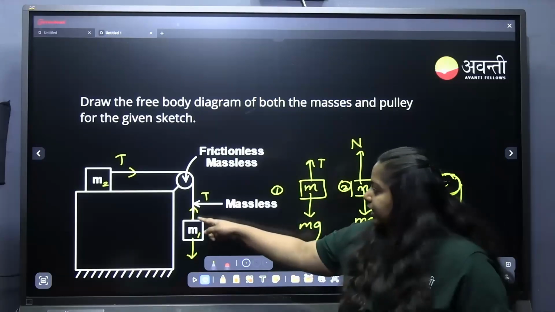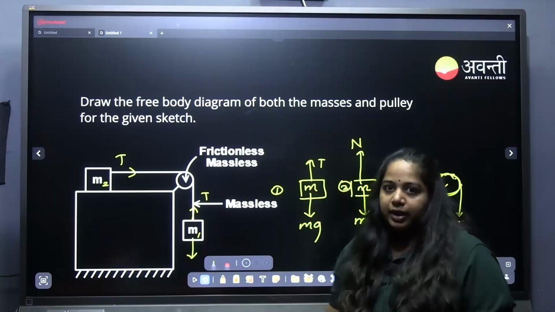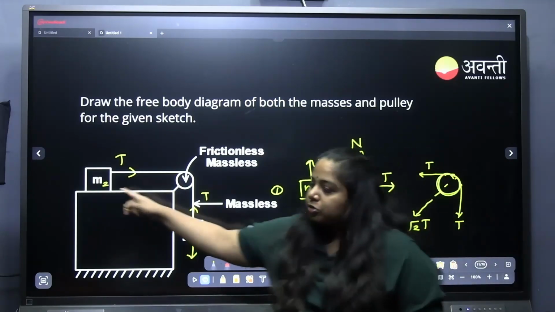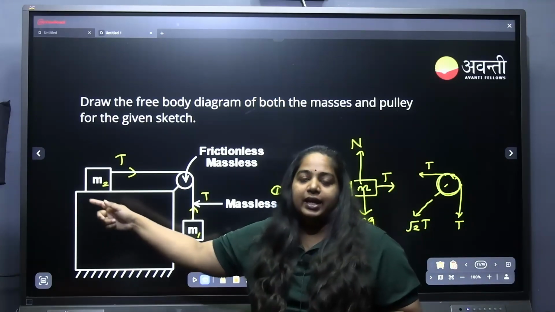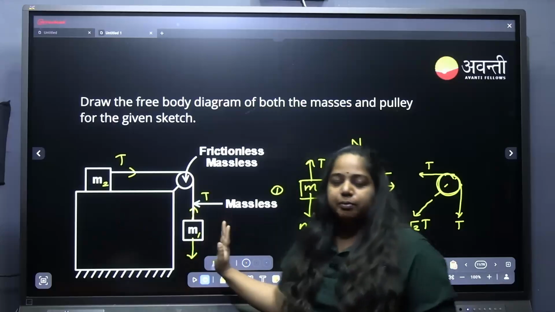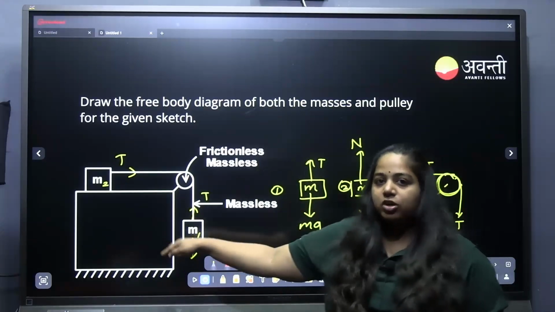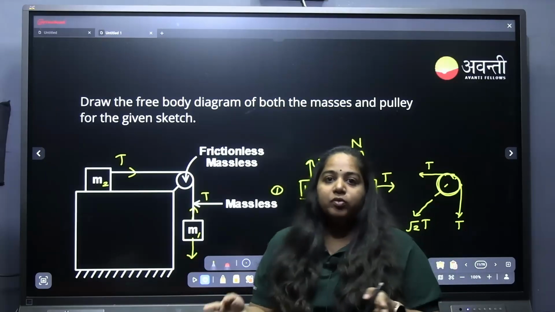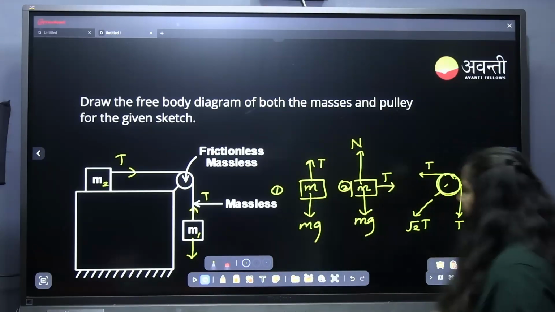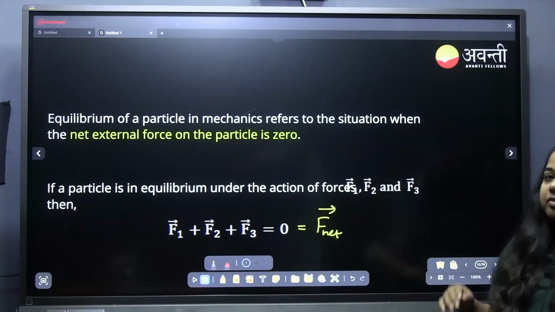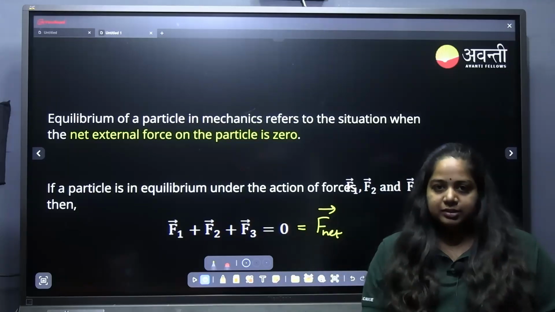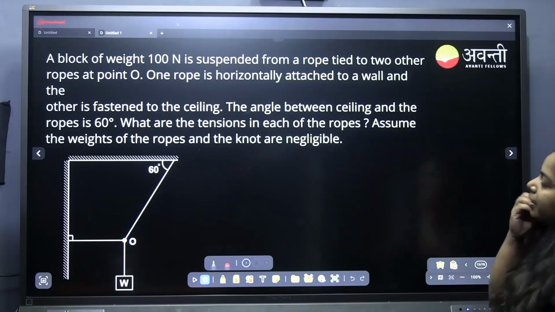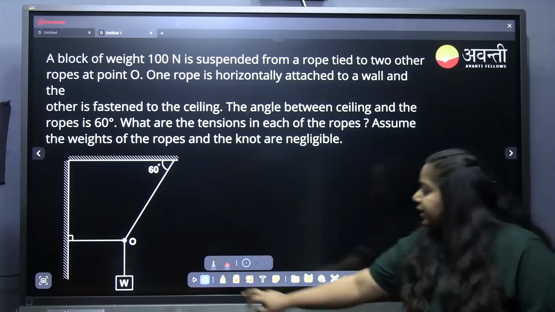Either the mass will fall down, or it will be in equilibrium; both are possible. If a frictional force is there opposing T and it is equal to T, it will be in equilibrium. If friction is not present, this will fall down and it will be a moving system, not in equilibrium. Okay, how to address those different systems we will see in the coming questions. First one, when it is in equilibrium.